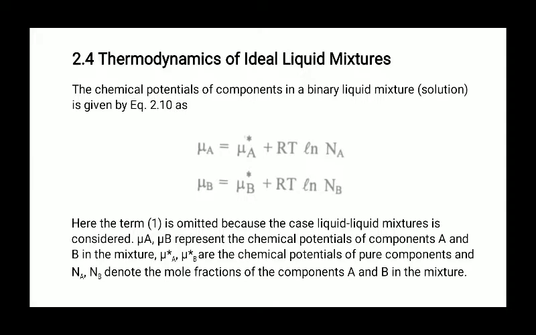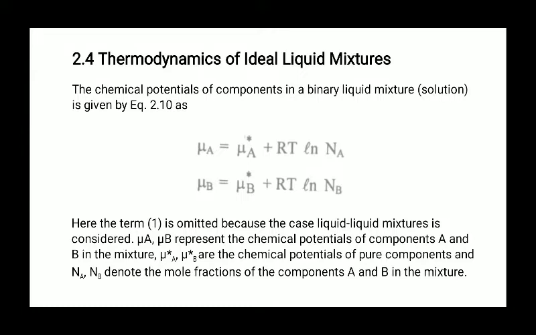In the previous section, we have seen the solution definition, the modes of expressing concentration, and Raoult's law for ideal solution. The chemical potential of a component in a binary mixture is given by the equation mu A is equal to mu A star plus RT ln Na, mu B is equal to mu B star plus RT ln Nb.